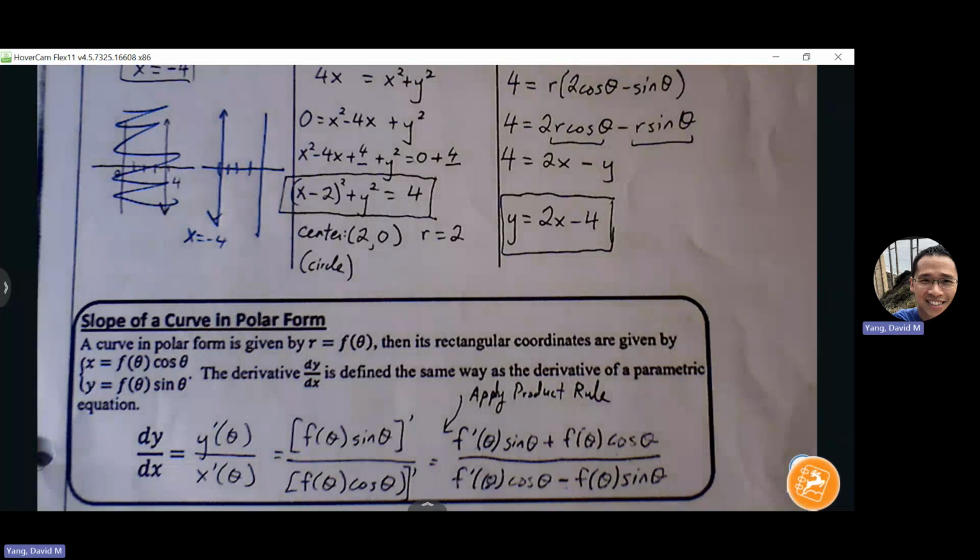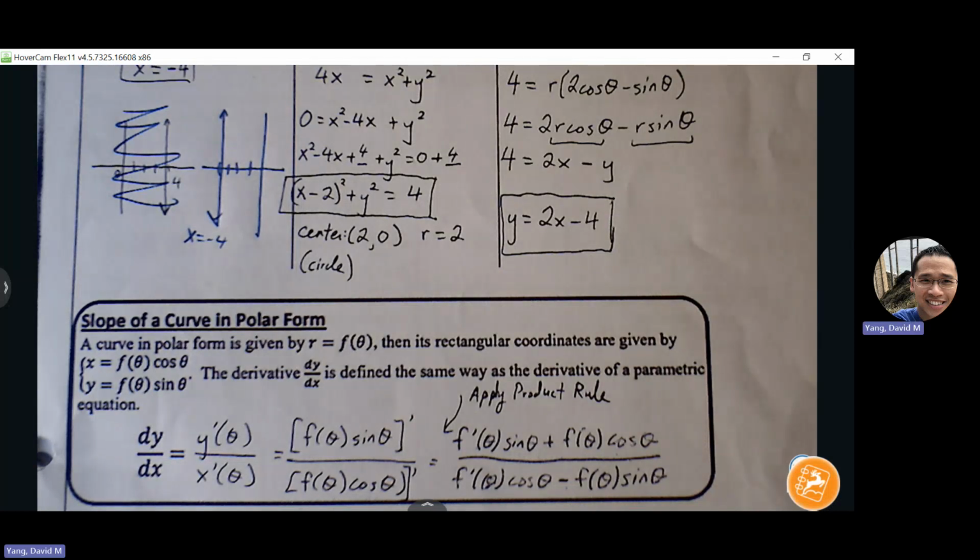If I want to find the slope of a curve in polar form, it's going to take on the equations x equals r cosine theta and y equals r sine theta. If I can get r in terms of theta, then to find the derivative, y prime over x prime, I just have to find the derivatives of r sine theta and r cosine theta.